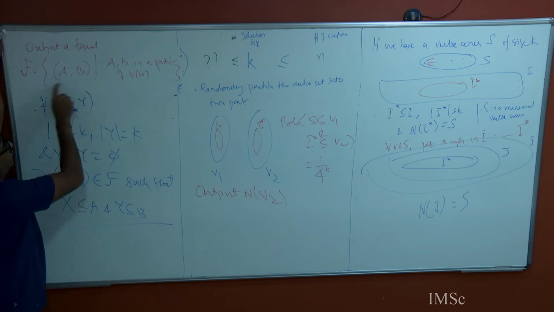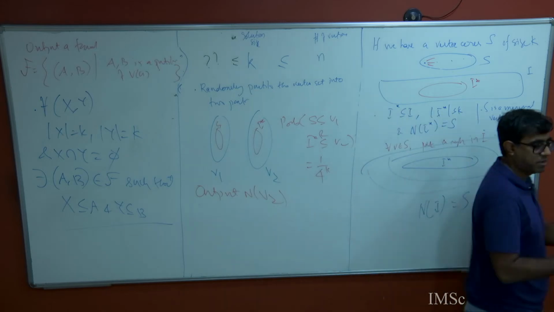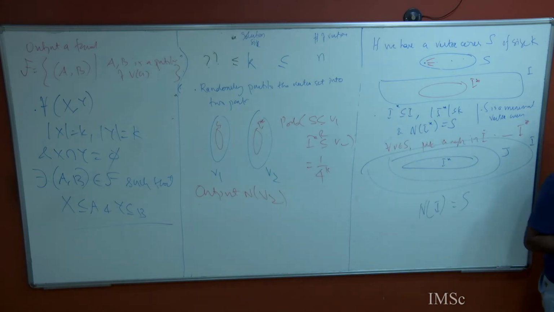If I can come up with this family, what is the property of this? You give me two sets x and y of size k whose intersection is empty, then there is some partition which respects x and y, meaning x is contained inside A and y is contained inside B. If I have such a family, then my algorithm is very simple.